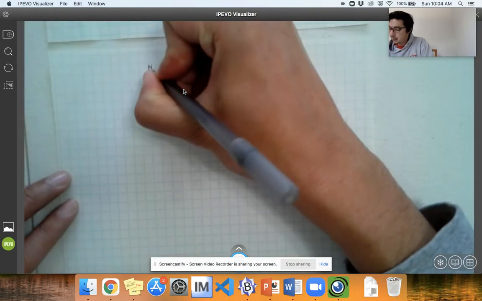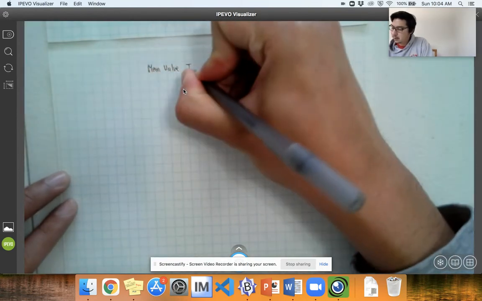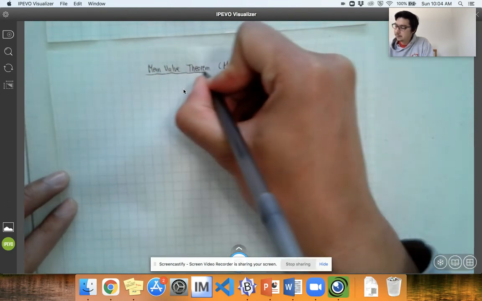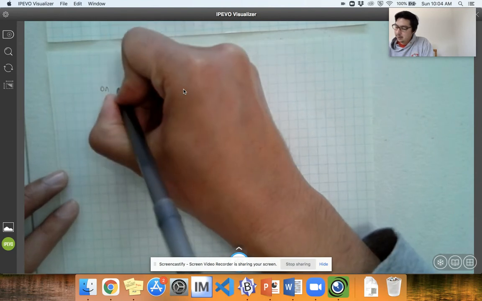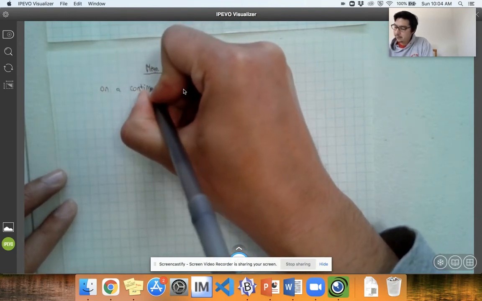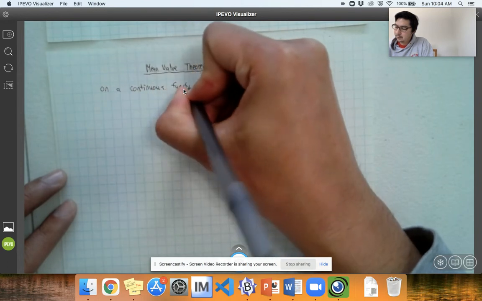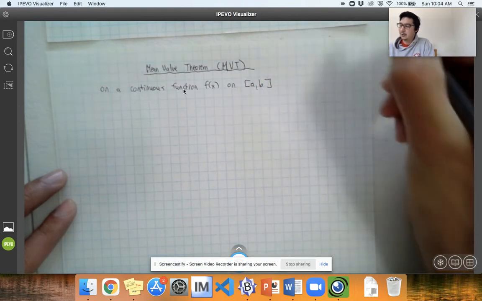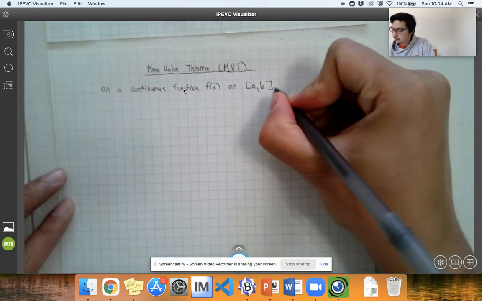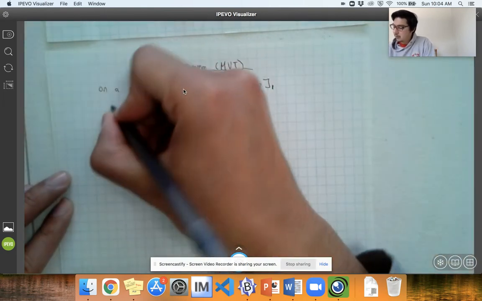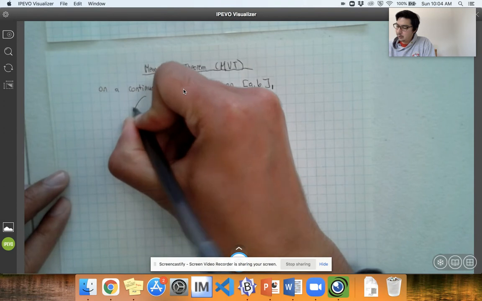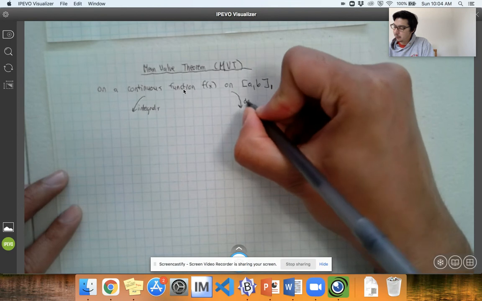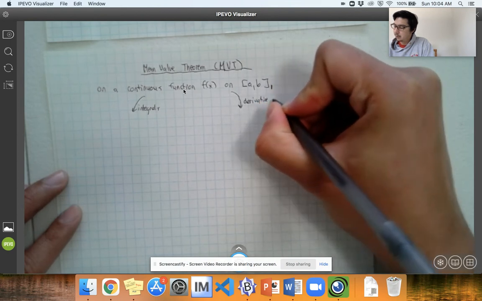The mean value theorem, or MVT, often denoted, is that on a continuous function f of x on a region or bound a to b, we could talk about the mean value theorem in terms of integrals, or we can talk about it in terms of the derivative, or slope, really.